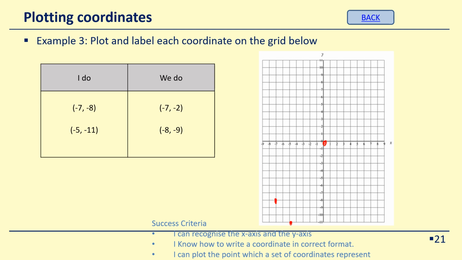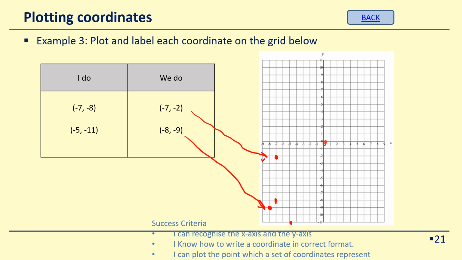Okay, the answer: -7, so we're going back. We're not going forward to 7, we're going back to the left. -7 and down 2. So that's that point there. And (-8, -9): again we're going back and we're going down. So there's (-8, -9).